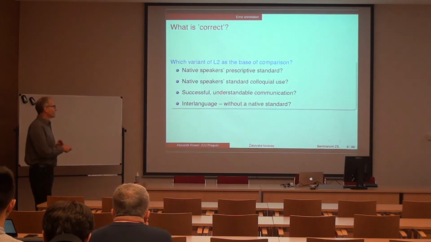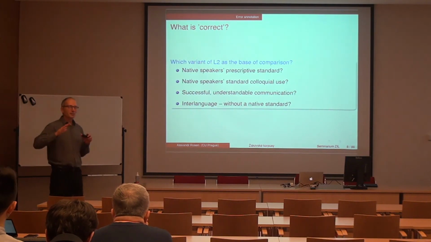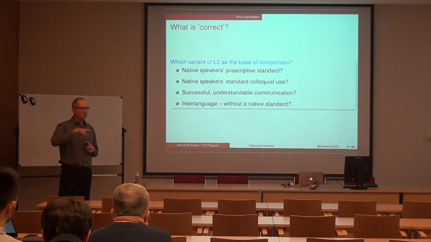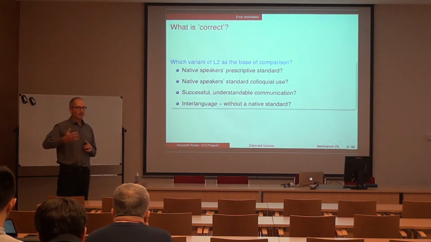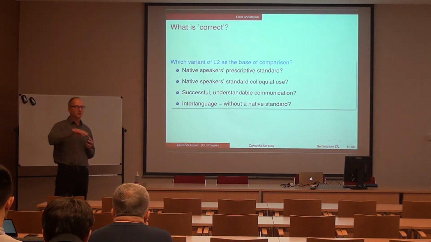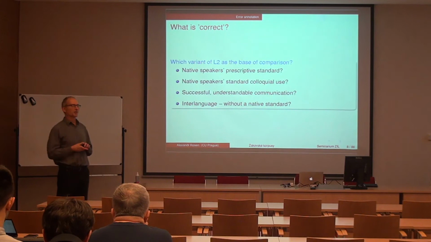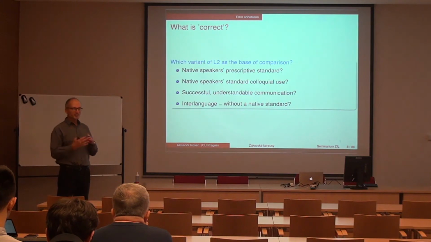And then the last point is that some people assume that students of a foreign language do not really have that language in their mind, but they have something in between. It's something in between the first language and the target language, the second language, and it's assumed to be something that has some real existence.